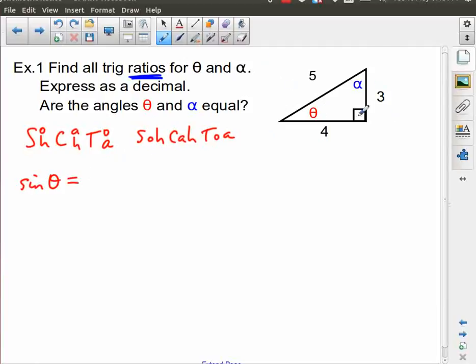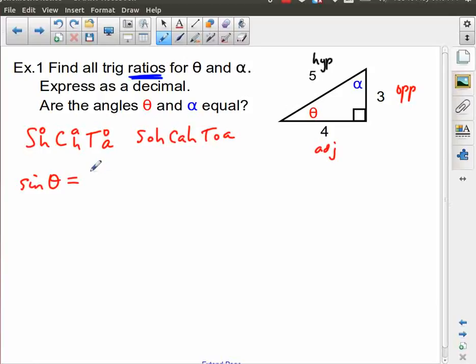So first of all, right angle is here, which means this 5, and I'm going to put that one in black, the 5 is always the hypotenuse. That is not going to change. For the red theta, this is the opposite side, because that's across from it. And the 4 is the adjacent side.